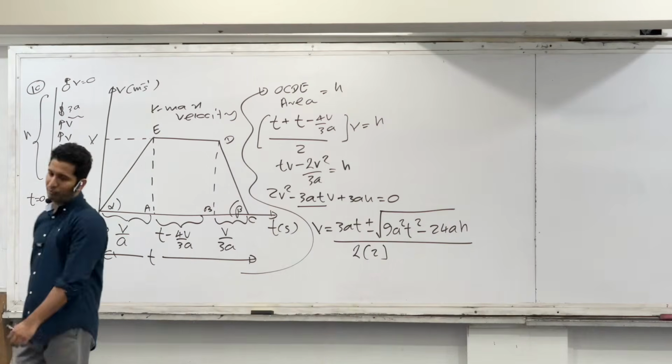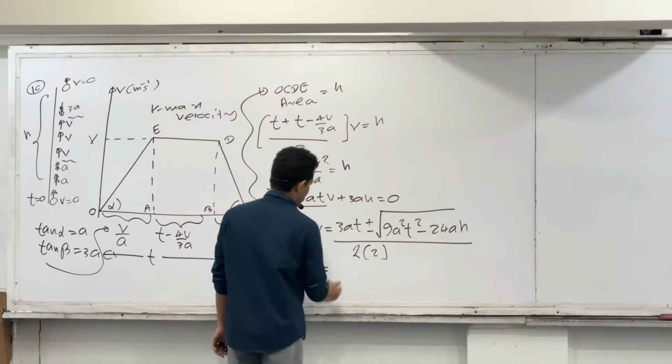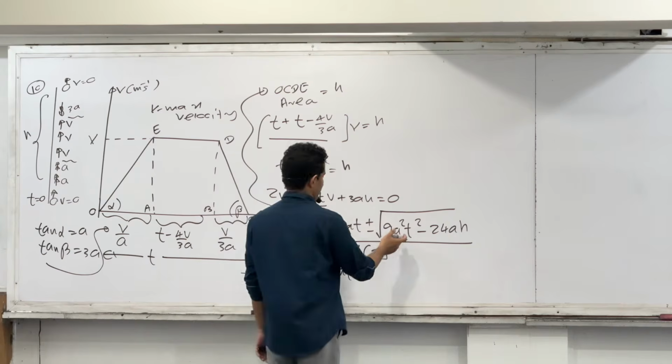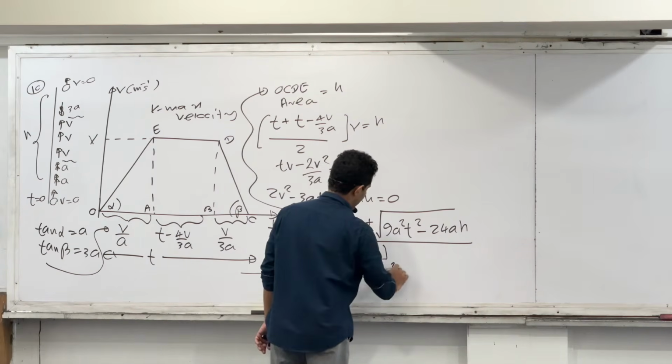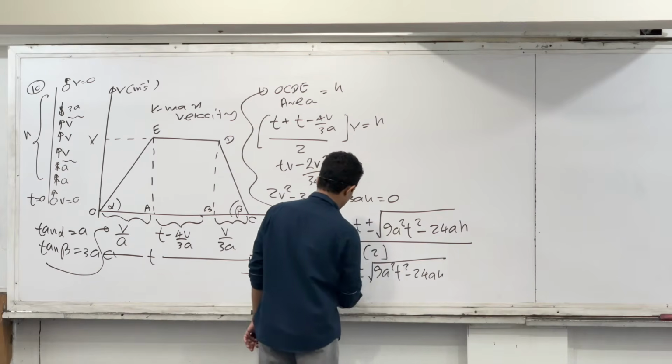You will get like this. Then V equals 3AT plus or minus, there's nothing to simplify actually, the square root of 9A squared T squared minus 24AH, divided by 4.